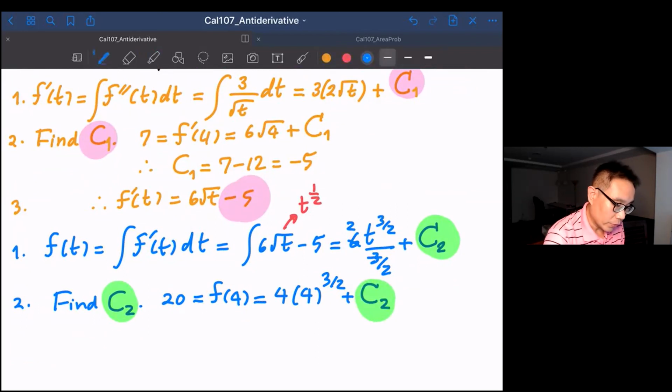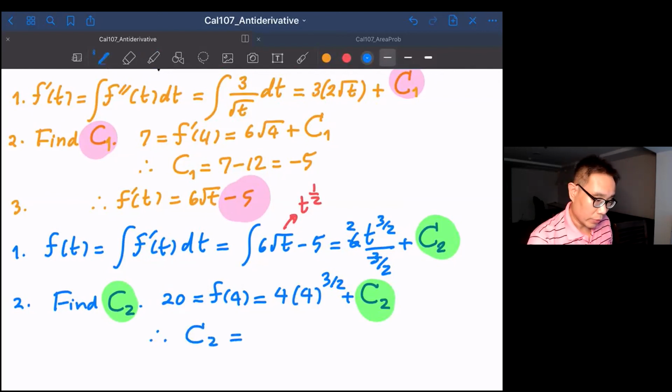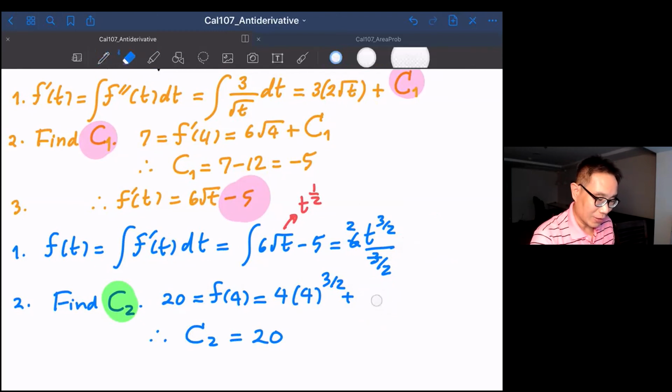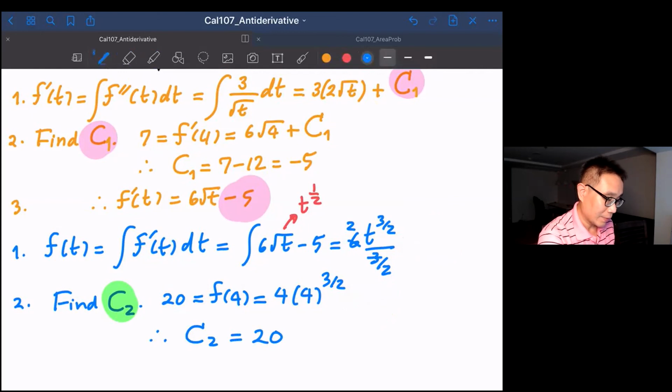Sorry, I forgot to integrate the 5. So it's going to be 5t plus C2, so it's going to be 5 times 4.